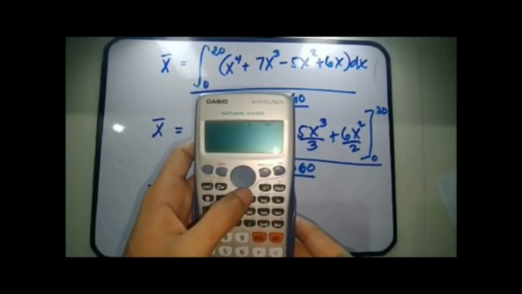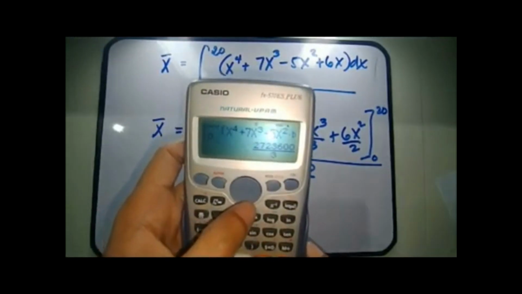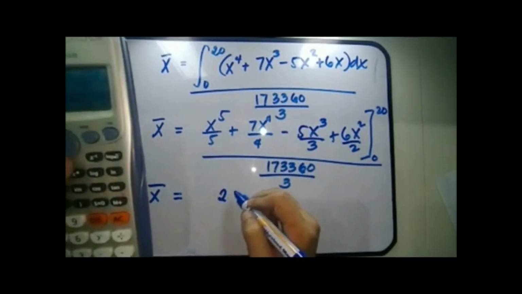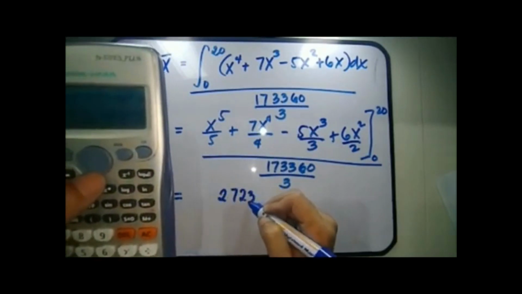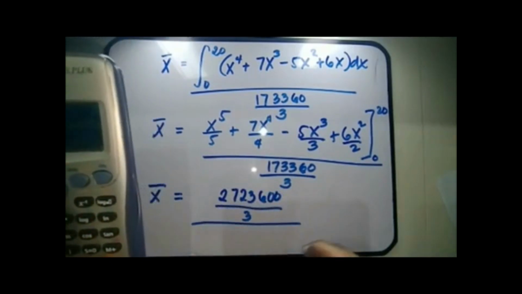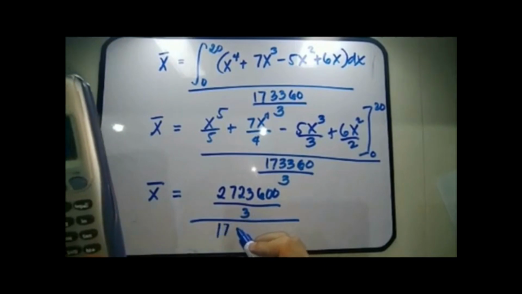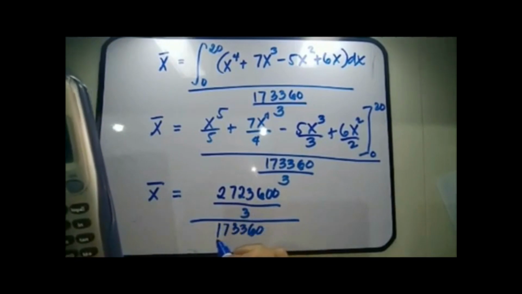So, you have here 2,723,600 all over 3. All over, you have here 173360 all over 3. I-simplify lang natin. That is the final answer.